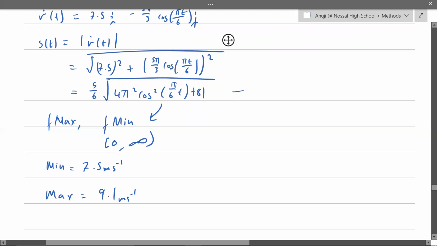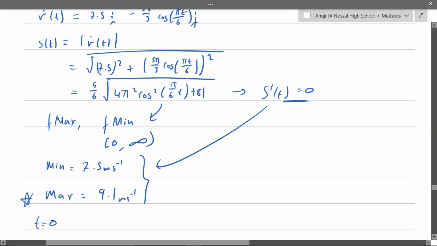You could have differentiated this and equated it to 0, but I use this method just in case the maximum and the minimum aren't at a stationary point, which was actually, I think, what happened here, because the maximum was at t equals 0, and I don't think that was a stationary point.